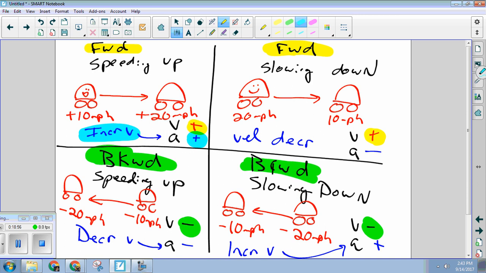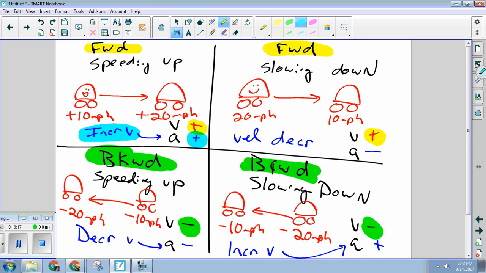So there's another one like this. Over here, we're going backwards and slowing down, right? Since we're going backwards, the velocities are negative, and we're slowing down. Let's suppose we're moving at 20 miles an hour, and then we slow down to 10. So the velocity in this example is going from negative 20 to negative 10.